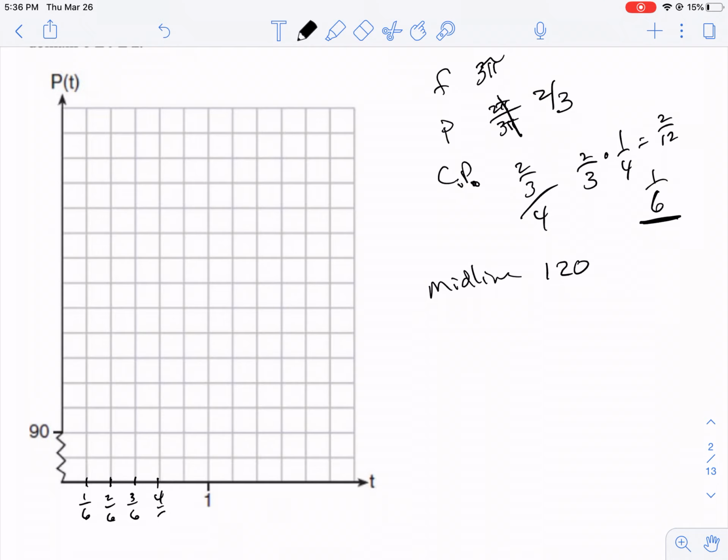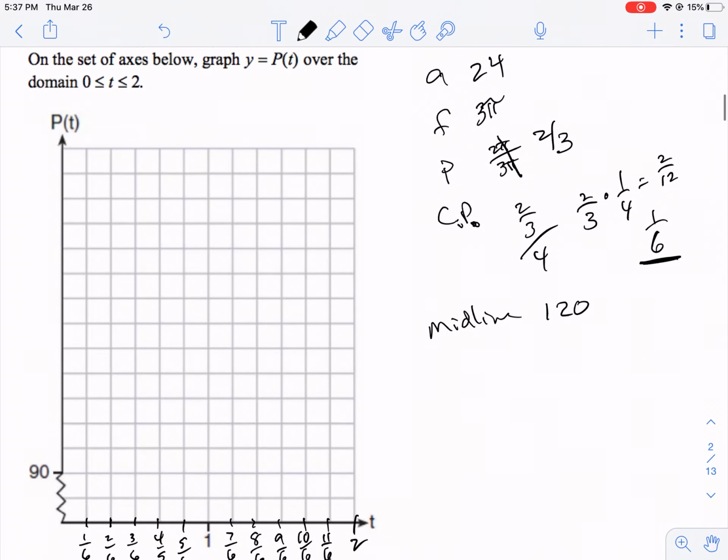How convenient. So I can count by 6. 7, 6, 8, 6, 9, 6, 10, 6, 11, 6, and 12, 6 makes 2. Perfect. Alright, now my highest point is going to be 144. And if I take my midline minus my amplitude, my lowest point is going to be 96.